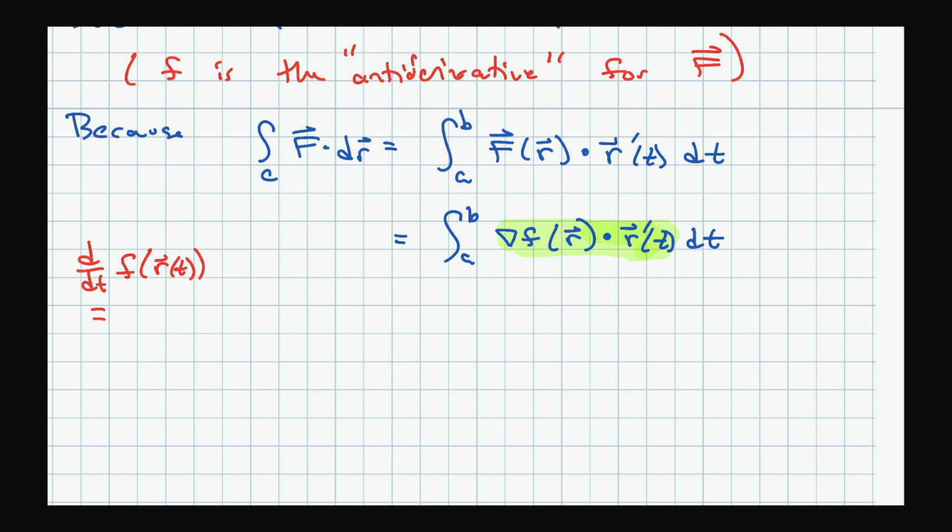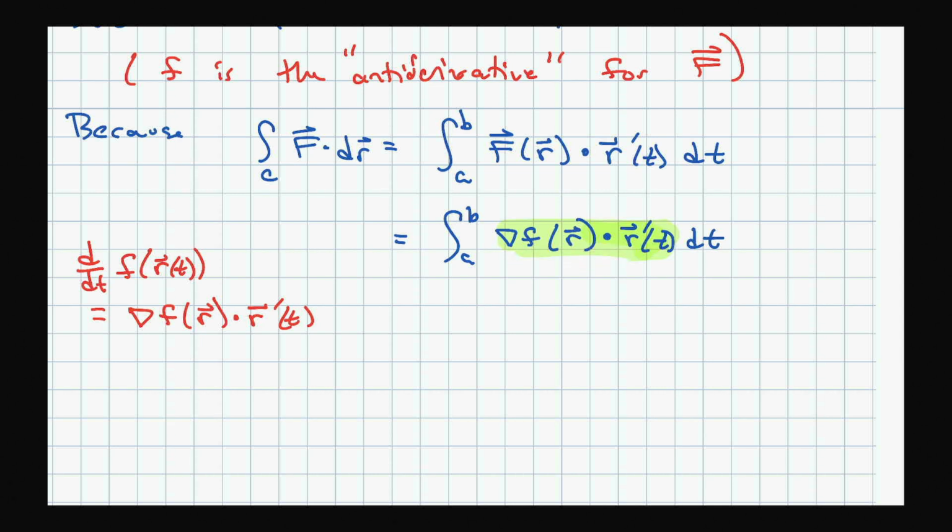It's going to be this gradient f with the r plugged in. And then for the chain rule, you multiply by the derivative of what's inside. So you get the gradient of f of r, and then the chain rule tacks on this derivative at the end. And that's what this is.